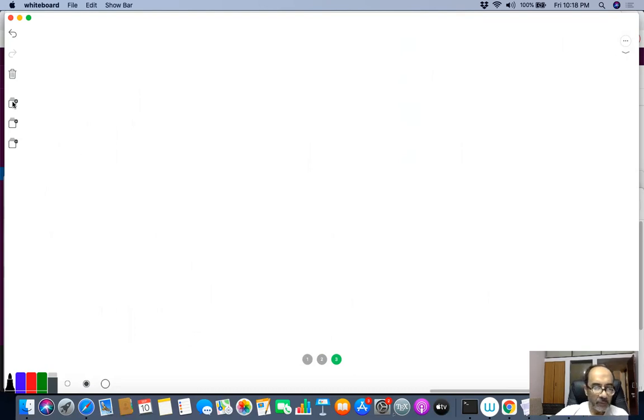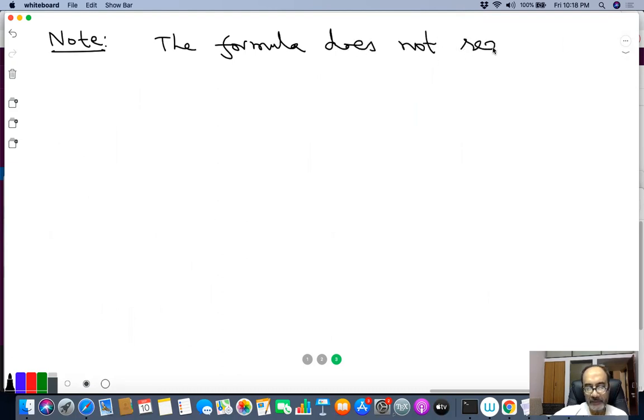The first point I'd like to note here, which should be obvious from whatever we have discussed, is that the formula, or whatever analysis we did, does not require P prime and Q prime to be simply connected, or even connected.